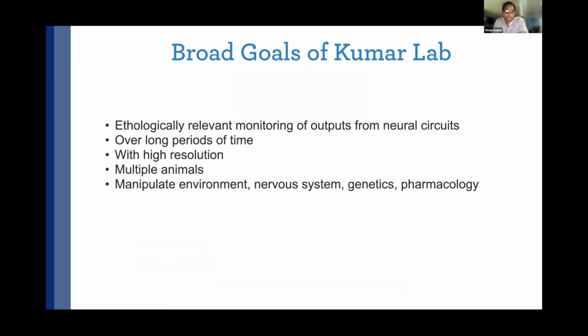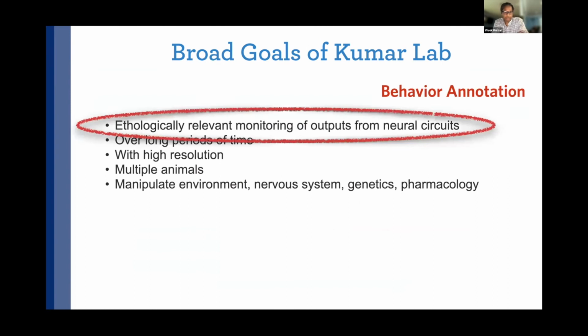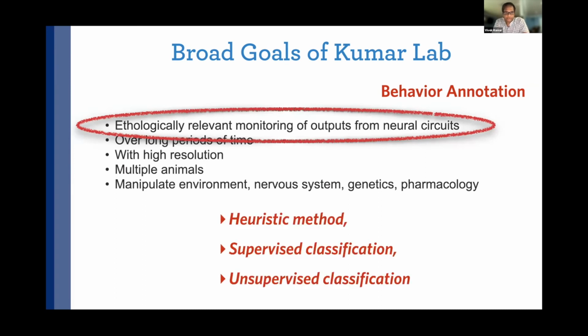Broadly, the goals that we've set forth are to ethologically monitor outputs of neural circuits, which is behavior. We want to do this over long periods of time with high resolution with multiple animals. And we want to manipulate the environment and the nervous system through genetics and pharmacology. The first part is challenging, which is just how do you annotate behavior at high resolution?